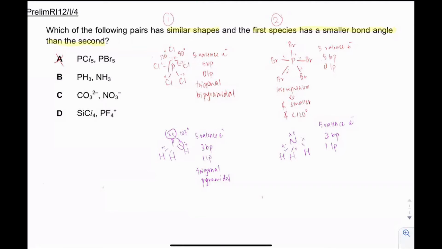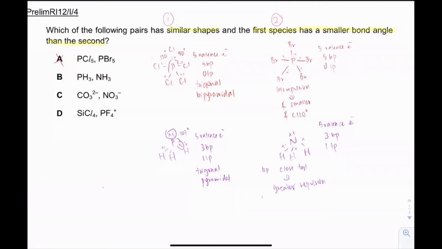So look at NH3. Since the bond pairs are close together, therefore there will be greater repulsion. Over here, the bond length doesn't really matter because P and N are in the same period. Therefore, they have the same number of electron shells.